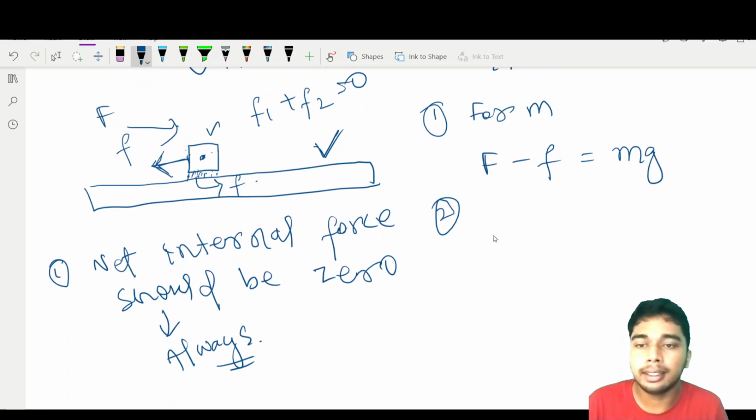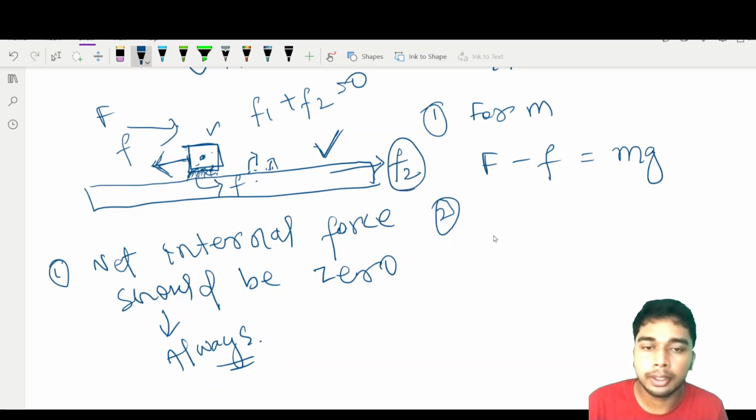Because see here, the frictional force arising from surface 2, I mean the surface of the plank, will oppose the motion of this block. In the same way, this plank will experience a force from the surface of this block. So this friction will try to move the plank forward.